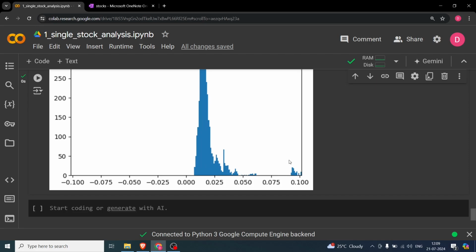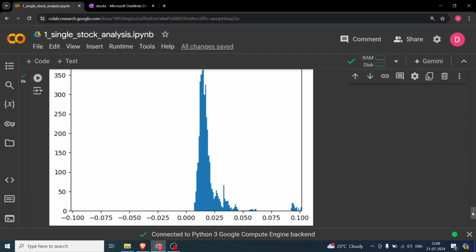Here volatility is high, which means these are your big gap ups and gap downs, or some sudden news has come that has shot the prices up or down. But for the most part, most of the density is over here, which means your volatility is okay. It cannot be zero, it cannot be negative. Zero means constant, which is obviously not possible. There has to be movement in the market, so your volatility is somewhere over here.